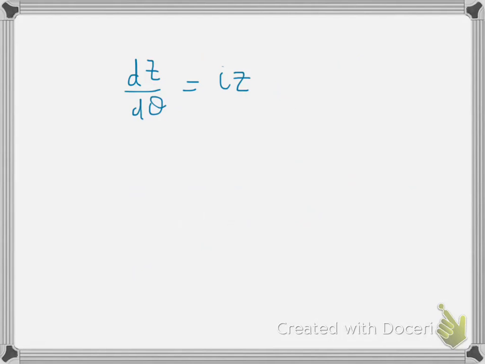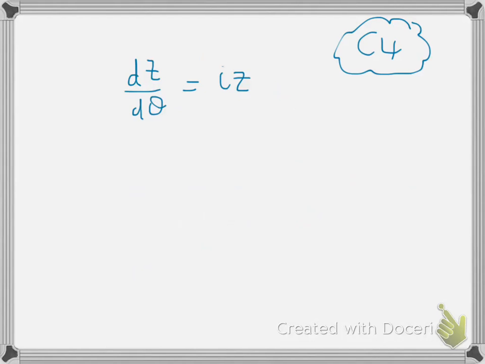Now we've got C4 differentiation here, or C4 integration rather, when we'd use our method of separating variables. So I'm going to take everything with z and dz onto one side and everything with d theta onto the other side. And I'm just going to separate my i bits, looking at my real part and my imaginary part.